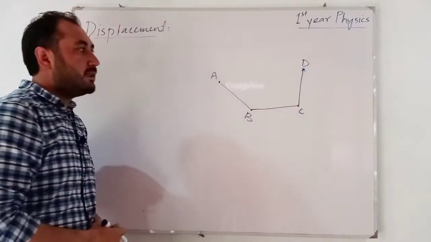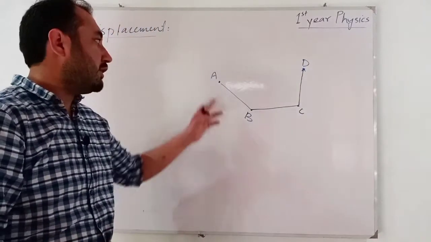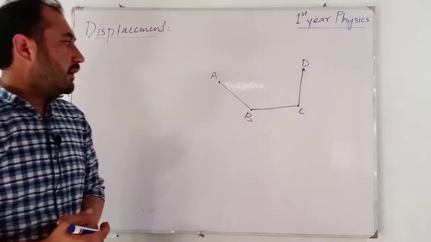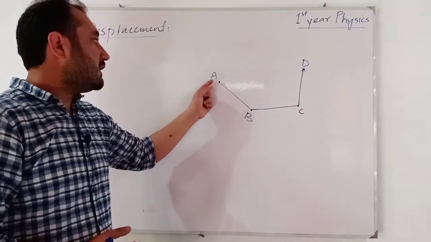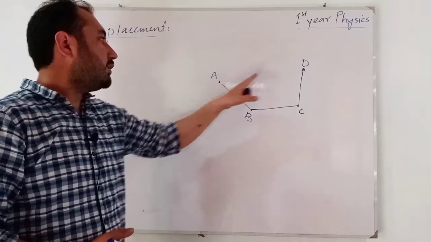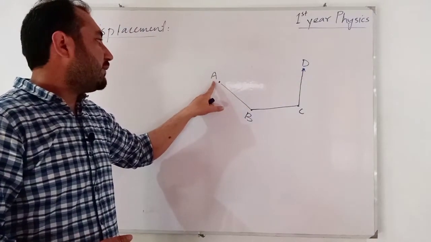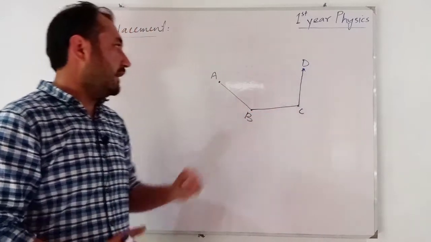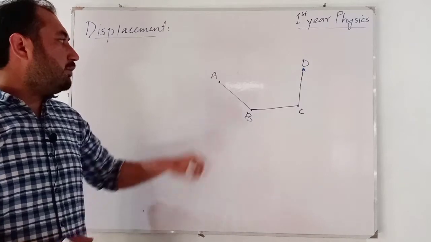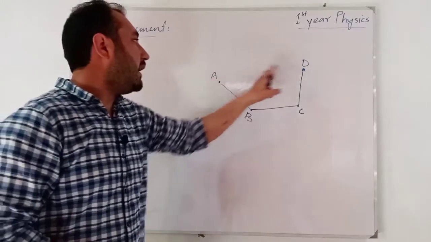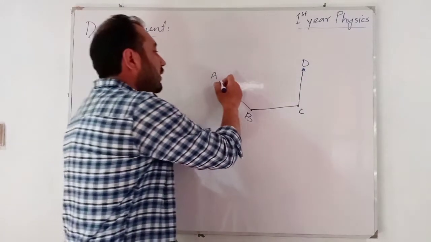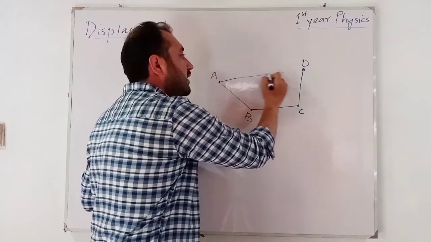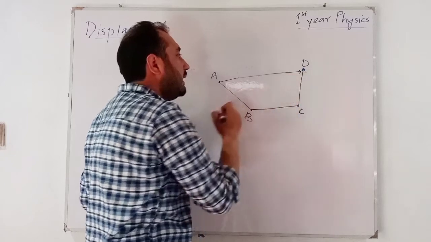Now, as you can see, during the course of motion it has gone through different points, and the distance it has covered in order to reach D is followed by two other points, B and C. The object can reach from A to D directly following this path, and this path will be the shortest path, right?